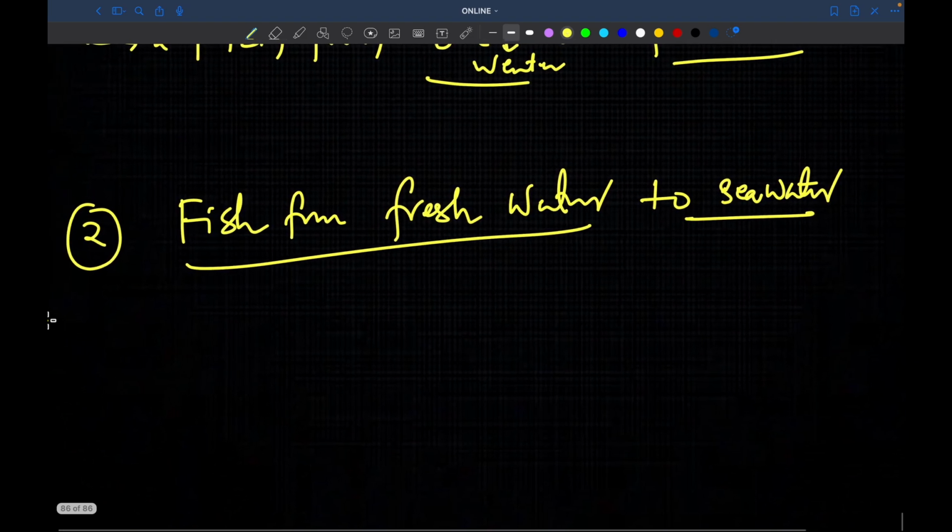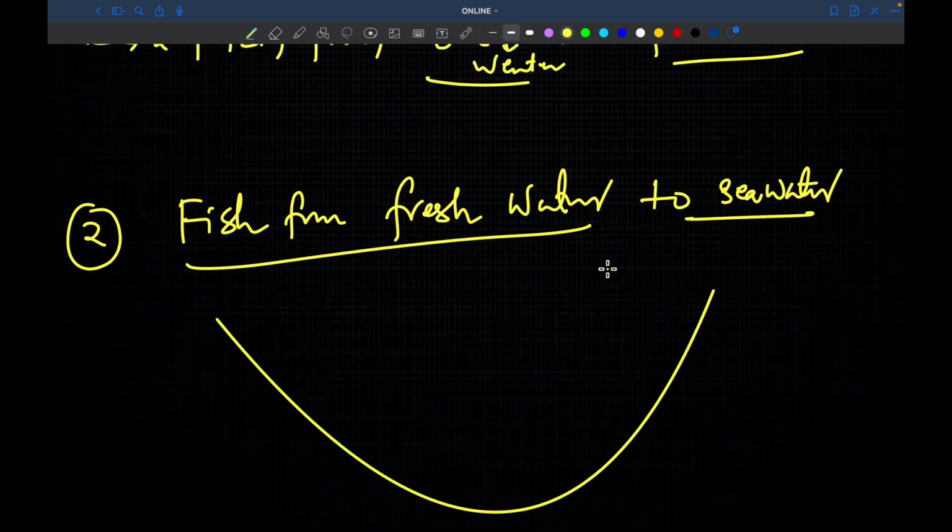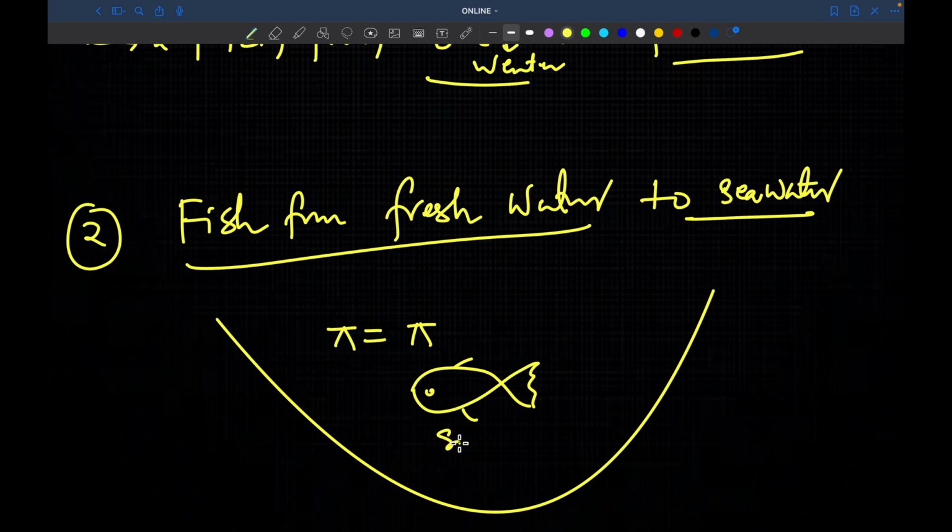Tell me, think about it. Let us say one fish is living in a pond. Then you have to think that the osmotic pressure of the water and of the fish must both be the same. Then only the fish can survive. So a fish always likes to swim or live in water or a solution where the osmotic pressure of both are equal.